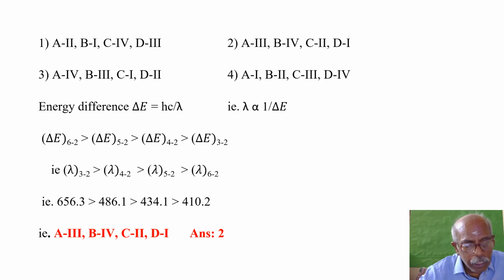That is 656.3 for 3 to 2, 486.1 for 4 to 2, 434.1 for 5 to 2, and 410.2, the lowest wavelength, for the 6 to 2 transition.